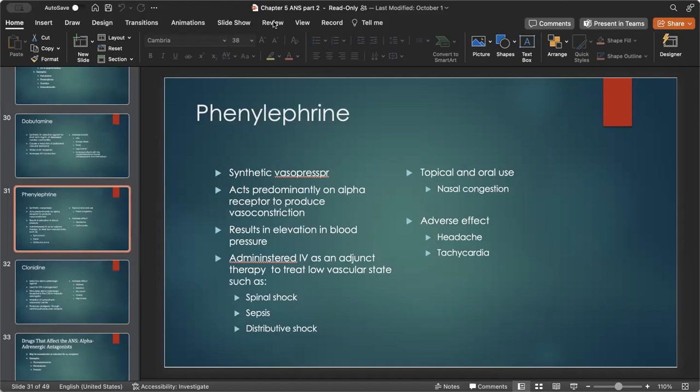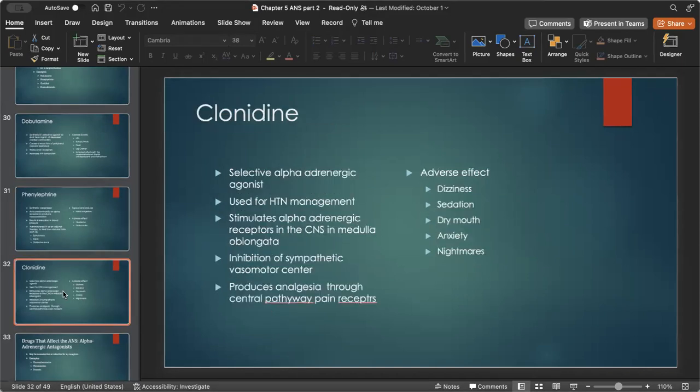And remember, this class of drugs mimics the sympathetic nervous system. The adverse effects include tachycardia, tremors, arrhythmias, sweating, right? Because that's what it stimulates. Tachycardia is one of those known adverse effects, and you should know that.